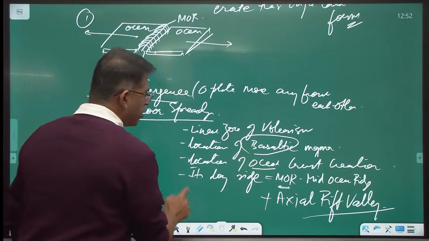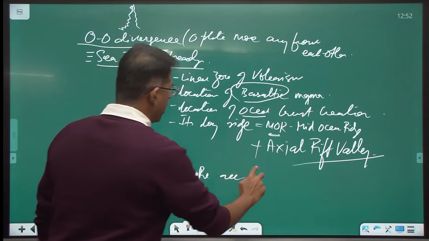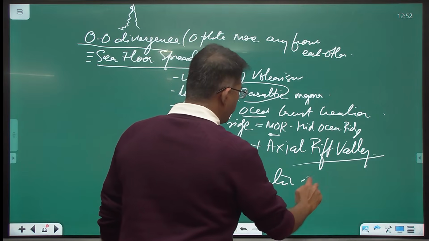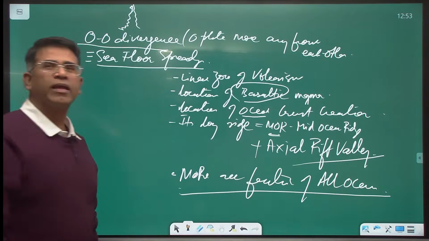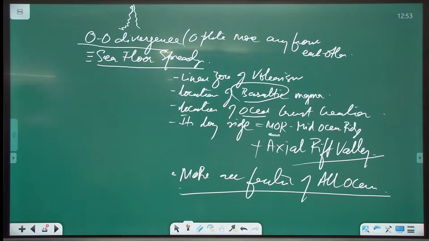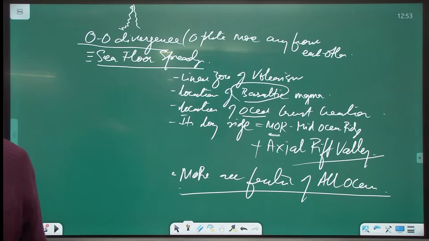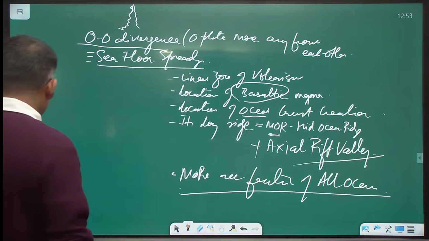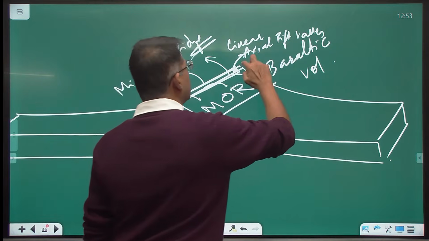MORs are features of all oceans. Atlantic Ocean has this, so does Pacific, even the Arctic Ocean has a MOR. All the oceans have these MOR systems. No, this is not a trench. We will call this a rift valley. Okay, this is not a trench, it's an axial rift valley.